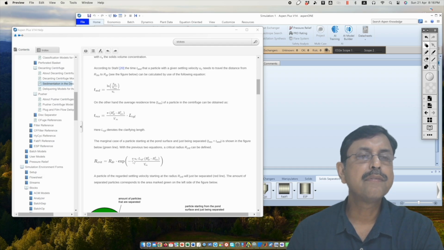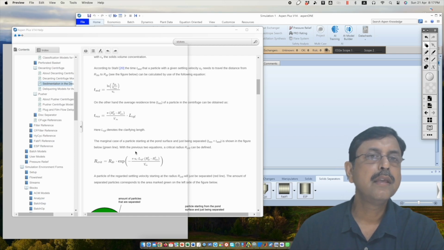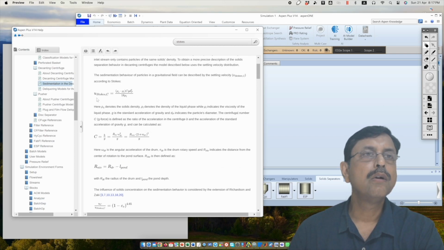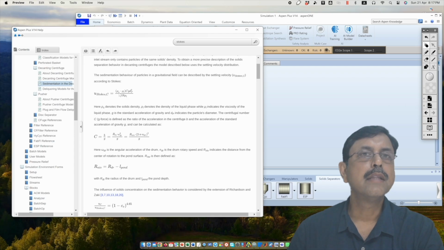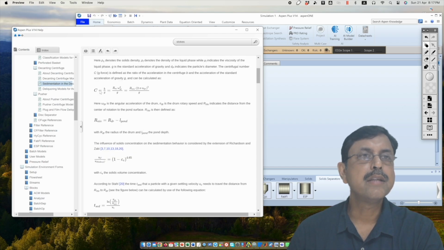You will have various other parameters like UC. What is UC? UC will be calculated over here. This is UC, that is the settling velocity as per Stokes' law, which will have the parameters like solid density, liquid viscosity, etc. And there is a centrifugal number C, which will have the rotary drum speed and angular acceleration also as their parameters.